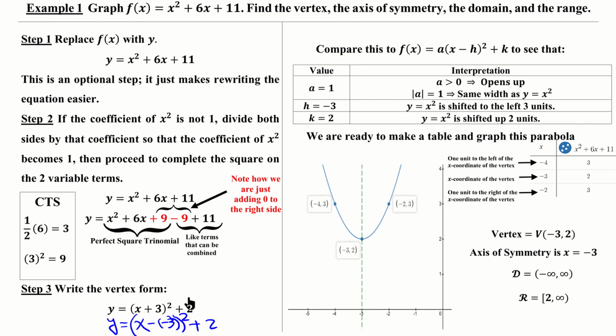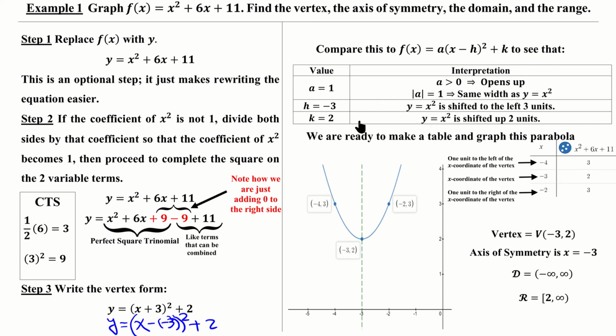So you can see h, when there's a plus here, h actually ends up being -3 right there, which is the translation constant for our horizontal translation. And also we can see that k is 2.